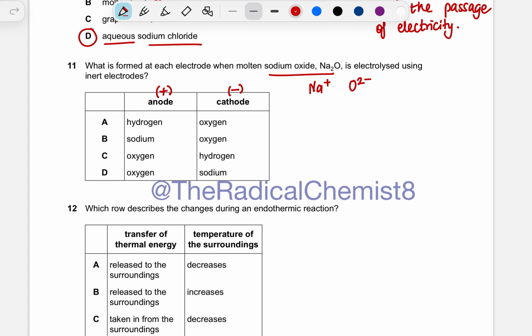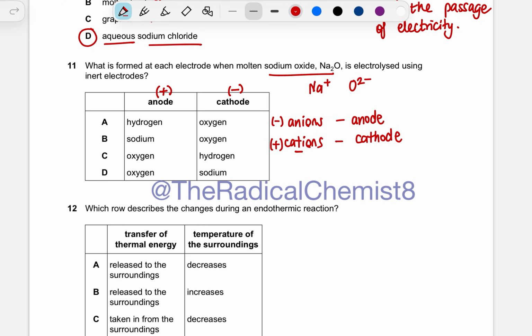You can remember it as anions are attracted to the anode, and cations are attracted to the cathode. So anions are your negative ones, cations are your positively charged ions.